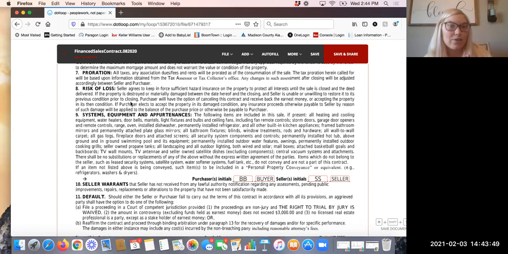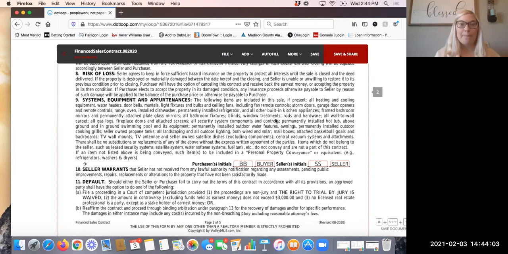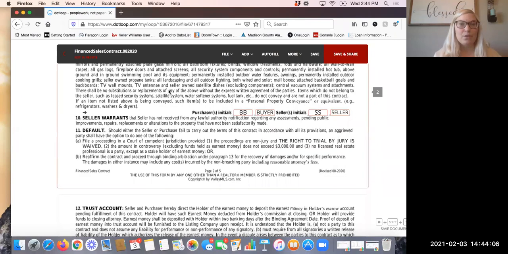If it is attached and it's not personal property, meaning wall hangings or pictures or something like that, then it must remain with the property. Okay, it must remain. So read that really well.